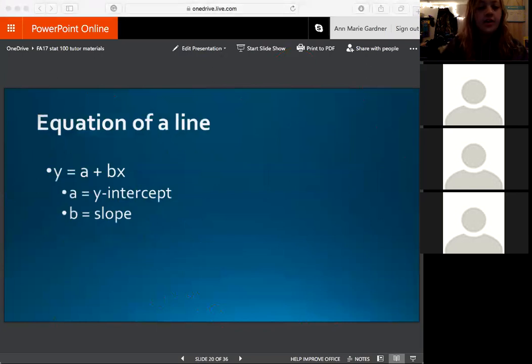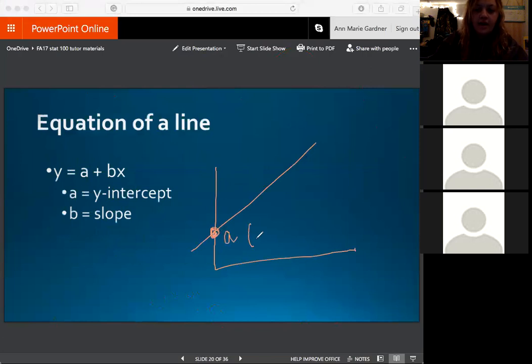All right, so the equation of a line: we kind of talked about this in terms of correlation, that we would have a line going through our data. Let's draw this out to make sense in context. A is our y-intercept, where the line intersects the y-axis.